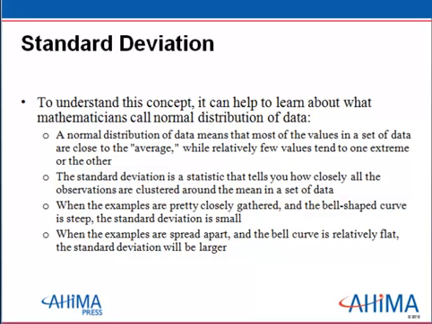Standard deviation is a statistic that tells how closely all observations are clustered around the mean. When the examples are closely gathered and the bell-shaped curve is steep, that means the standard deviation is small. When they are spread apart and the bell-shaped curve is relatively flat, that means the standard deviation is relatively large.